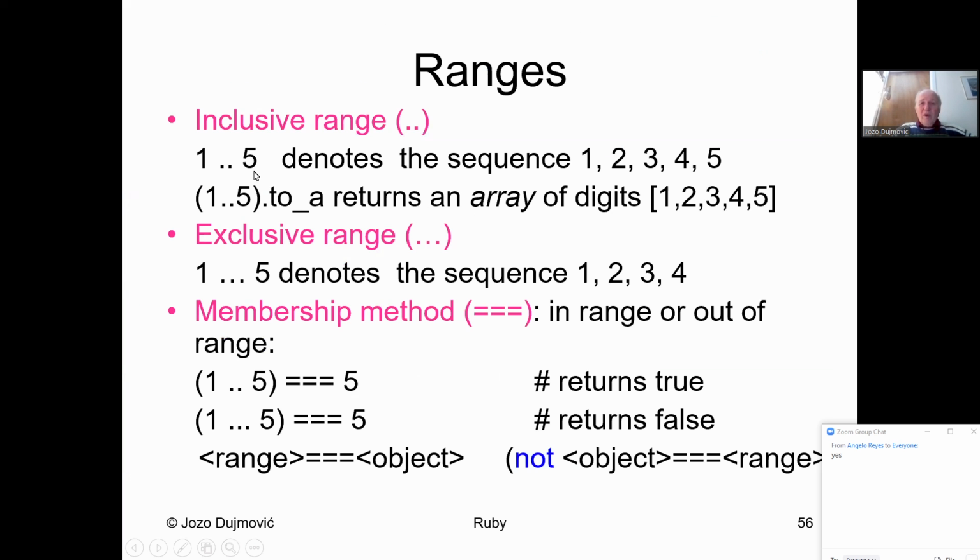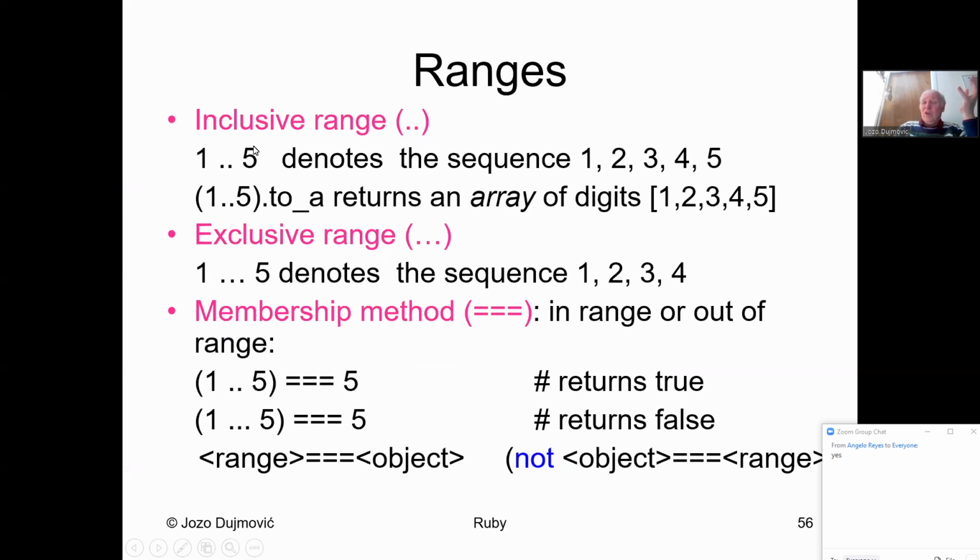A few words about ranges. There is an inclusive range, for example, from 1 through 5, to create the sequence 1, 2, 3, 4, 5. And this is what we had in Pascal to some extent, because Pascal introduced these 2 dots for a range from an initial integer value to a final one. So 1 through 5, this range can be then processed.